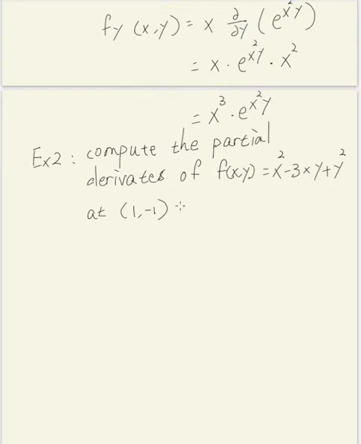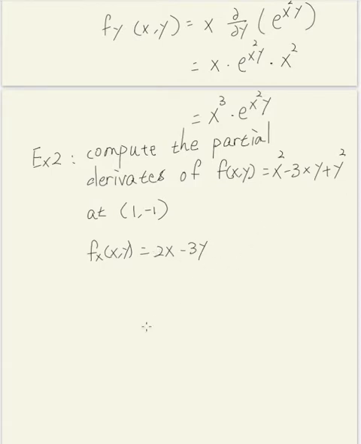Alright, so let's first compute the partial derivatives. f sub x equals, the derivative of x squared is 2x, the derivative of 3xy is 3y, so minus 3y, and the derivative of y squared, since we're taking the derivative with respect to x, then y squared is a constant, so the derivative of that is 0, right?